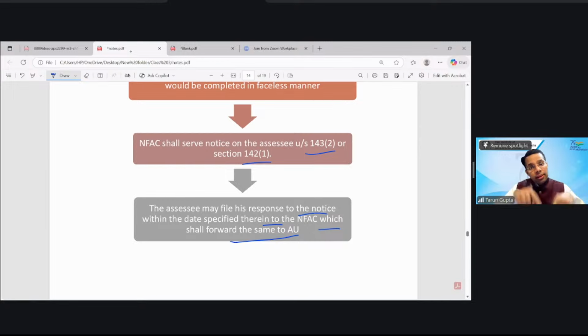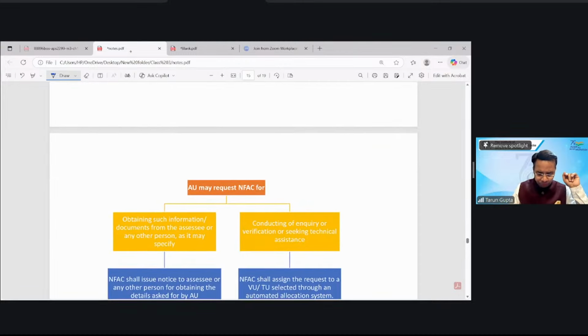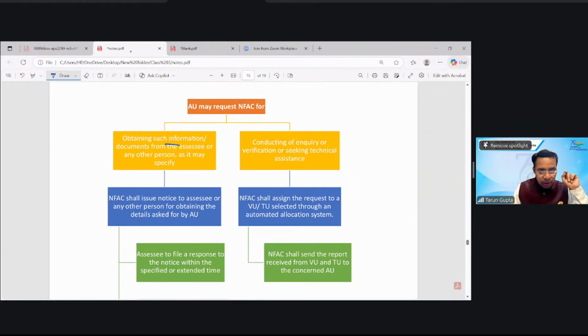All communication with the assessee is also through NFAC. NFAC issues the notice, receives the reply, and then forwards the reply to the concerned AU. Once the reply comes, the AU may request NFAC to obtain any other information or documents from the assessee. In such a case, NFAC shall issue the notice to the assessee or any other person from whom the information is required.